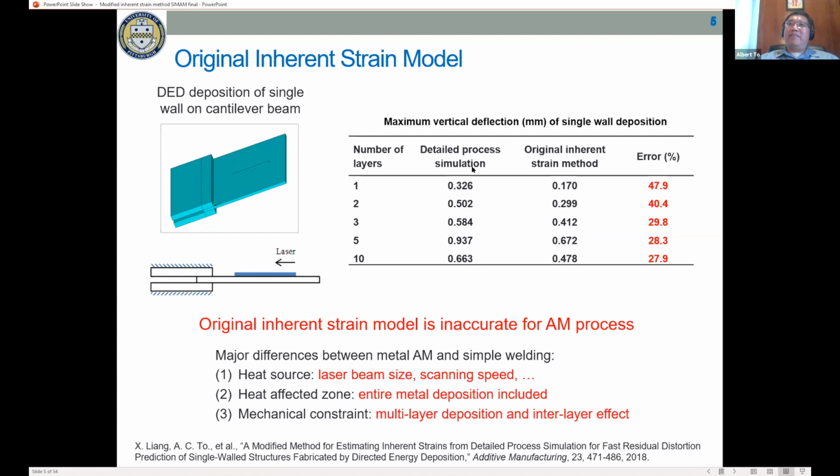Comparing the detailed process simulation using this moving point source model to the original inherent strain method that's defined by the plastic strain only, we get pretty large errors when we compare the tip displacement, anywhere from 28% almost to 50% in the tip displacement of this cantilever structure.